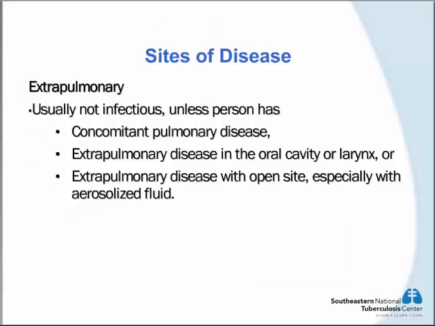Extrapulmonary TB is usually not infectious unless the person has concomitant pulmonary disease. So a person can have pulmonary TB and extrapulmonary TB at the same time, and these persons are contagious. If the extrapulmonary disease is in the oral cavity or the larynx, they also can be contagious because coughing or sneezing or even singing can spread the droplet nuclei into the air.